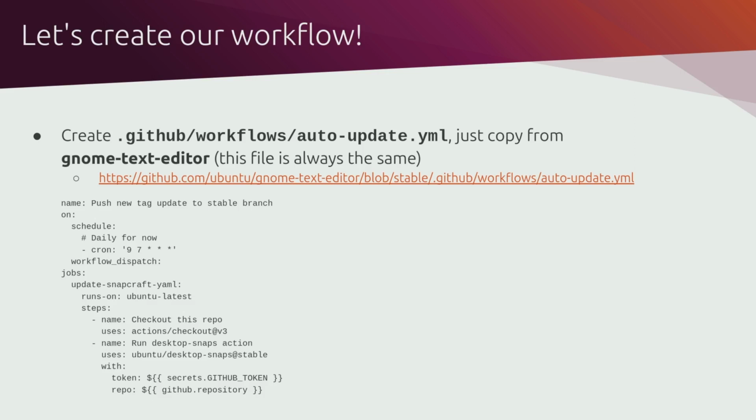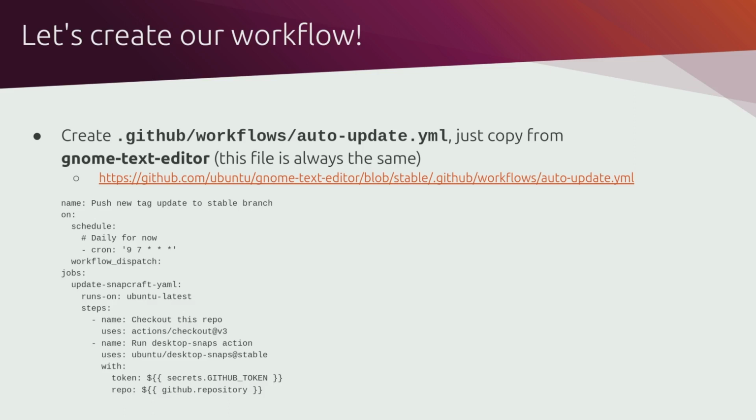And the parameters are a token and a repo. The repo is our repo. This is an internal variable which puts in the URL of our snapping repo, the repo in which we have defined this file. And the token is an authentication token.